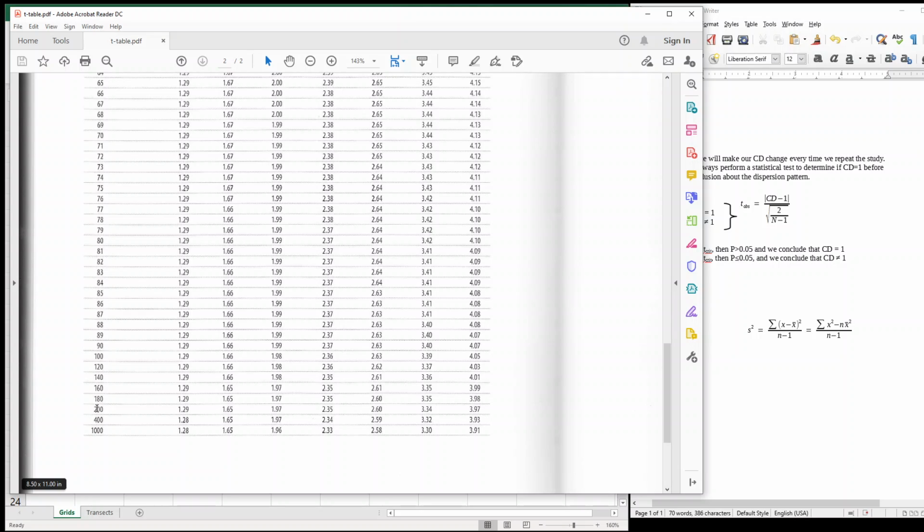Well, by convention, if we have degrees of freedom that fall between any of these numbers, we always take the smaller number. We want to be conservative on our tests, and we want to make it harder for us to actually reject the null hypothesis. For us, it doesn't really matter. Our degrees of freedom are so large that there really is no difference between these two numbers. So our critical value here is 1.97.